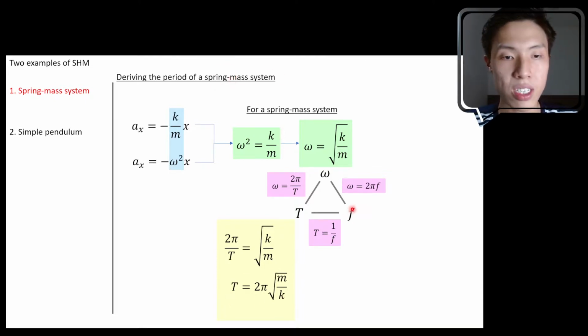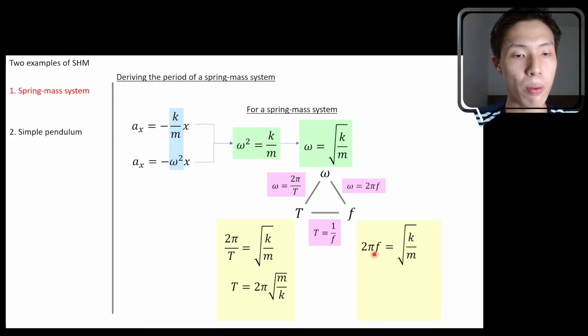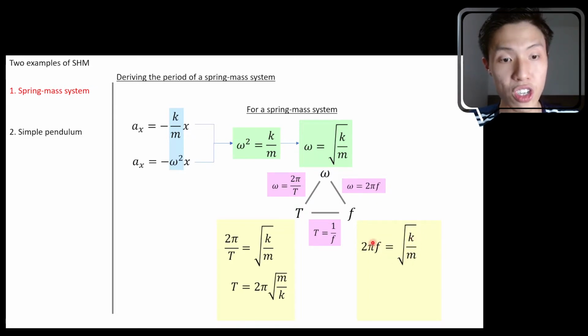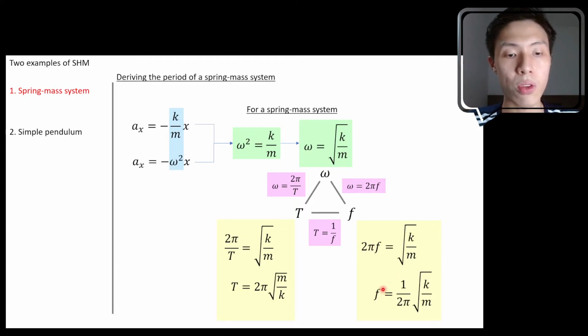How about the frequency? Well, we will substitute 2 pi times frequency to replace this omega, this angular frequency over here, and we get that 2 pi times frequency is equal to the square root of force constant divided by mass. So now if you rearrange it again, bring 2 pi to the other side, we know that frequency is just 1 over 2 pi times the square root of the force constant divided by the mass.